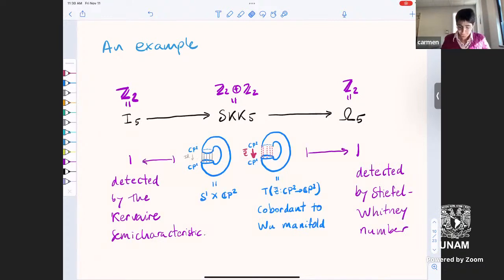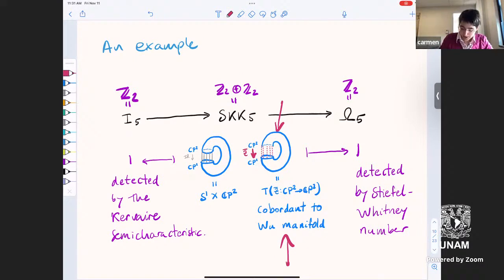So let me put this up. Okay, so lots of information in one go. So let's go step by step. Let's start with this first one here, with this mapping torus right here. As I said, the usual generator that everybody names as the generator of the cobordism in dimension 5 is the Wu manifold.